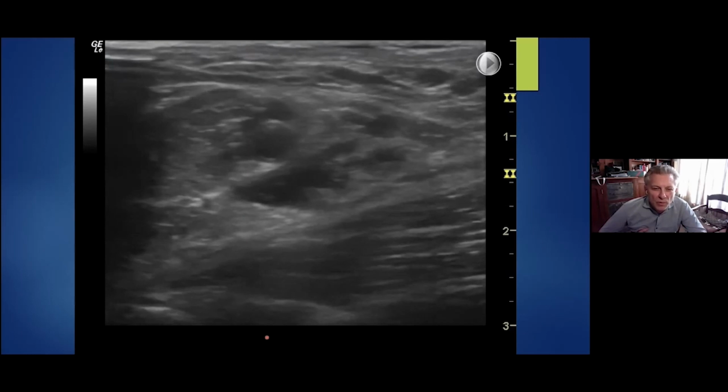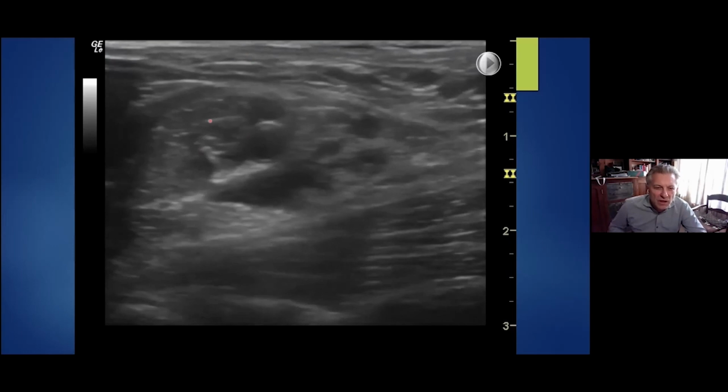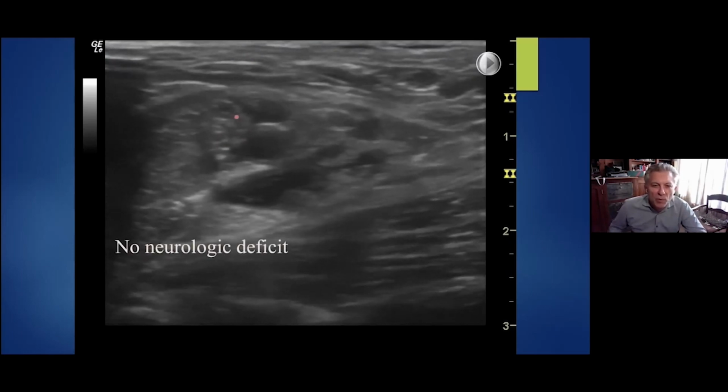The colleague who is performing the block moves his needle, and you see there is an intraneural injection with some kind of explosion of the nerve without neurologic deficit. It was a tangential approach. So even a tangential approach doesn't mean you cannot perforate the epineurium.